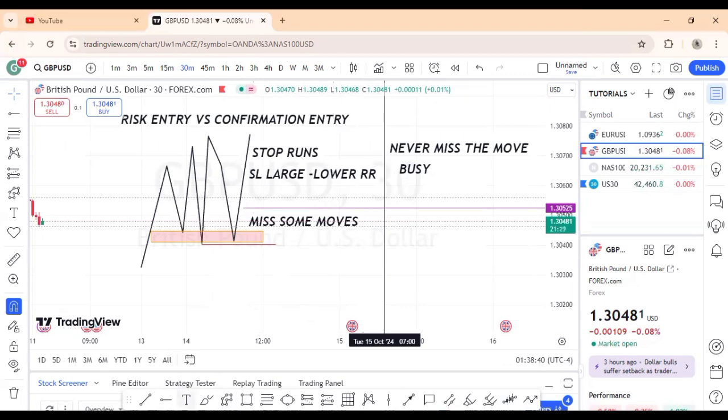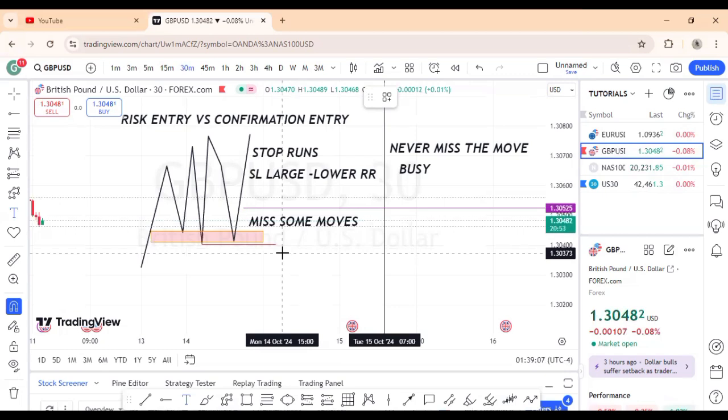And of course, if you use confirmation entries, sometimes price can still trick you. There are times in which price can give a false confirmation, and you still take a loss. Sometimes price gives those false confirmations, like a bracket will break and then still go down again. So sometimes those confirmation entries act as a trap.